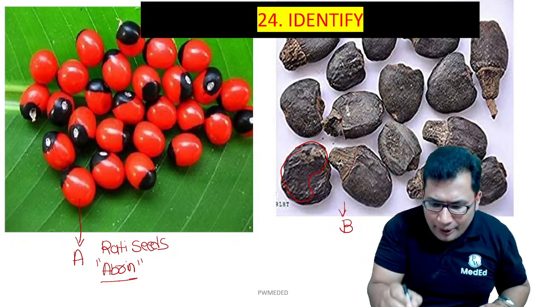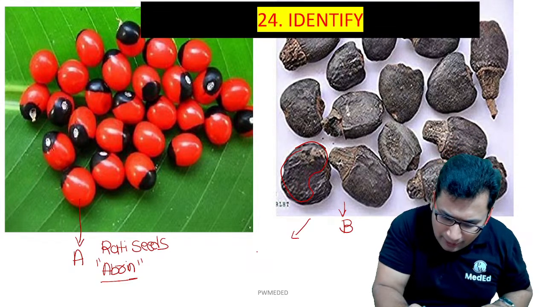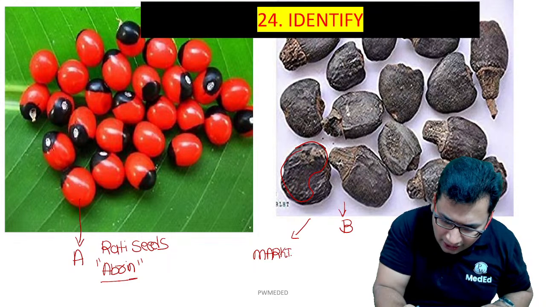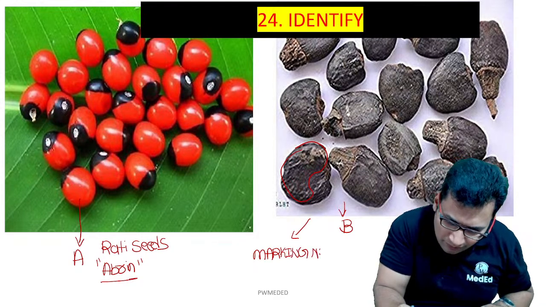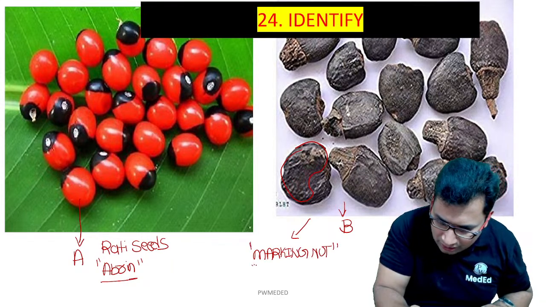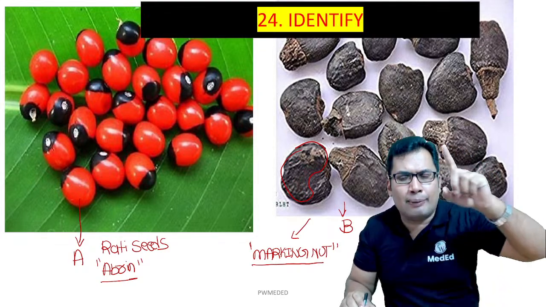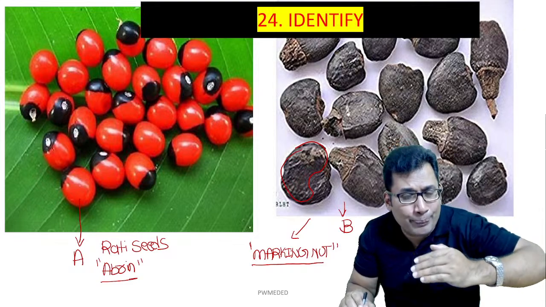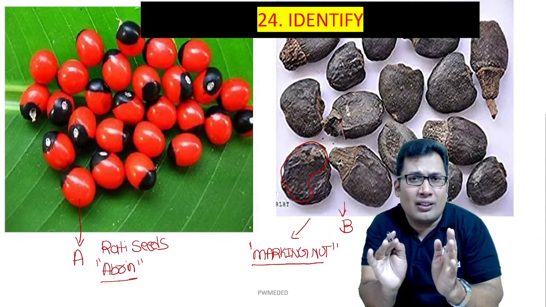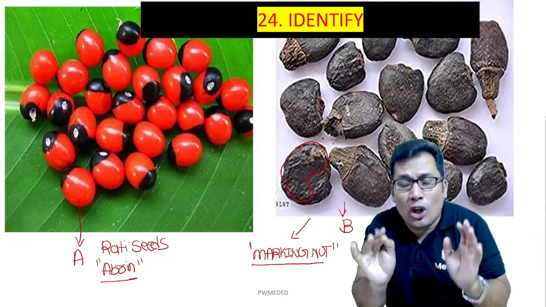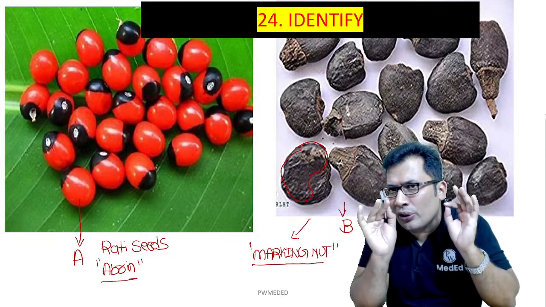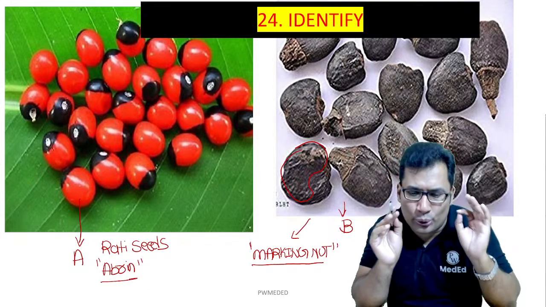Okay, and B, that is Semecarpus anacardium, which is nothing but marking nut. They are heart-shaped. They have a projection at the base. They are black in color. They are used in abortion. They are also used in artificial bruise.